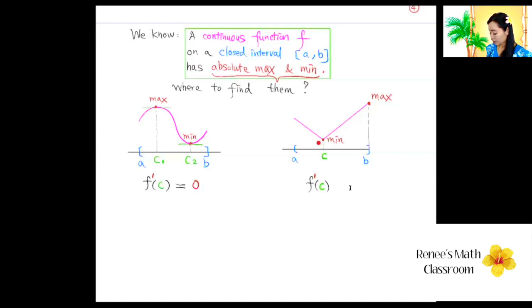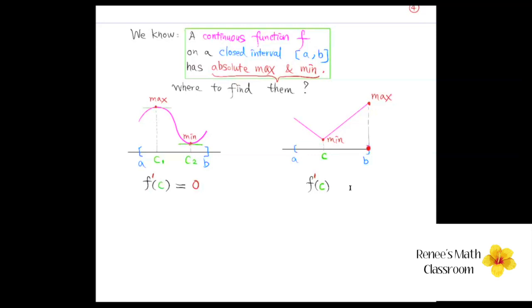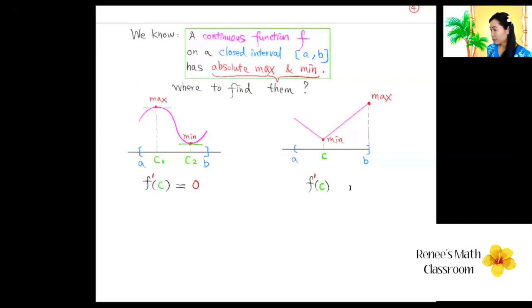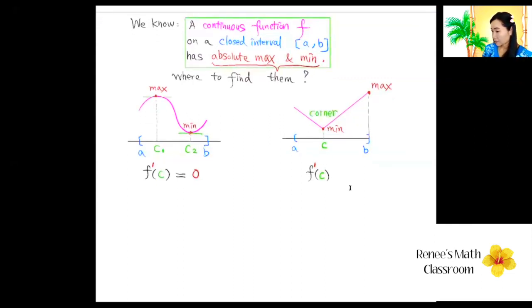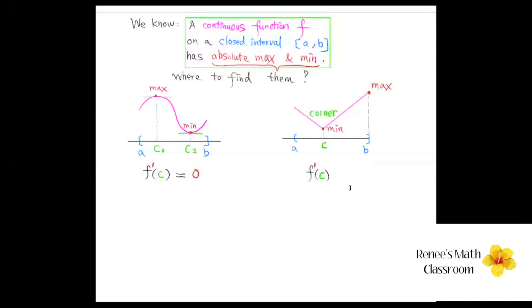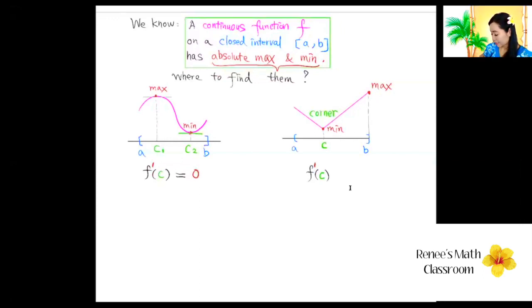Now, looking at this one over here, this function is continuous on this closed interval a to b, and you see the maximum over here and the absolute minimum over here. What's so special about this point? This one over here is a corner. Does that mean that it does not have a slope? Yes, you got it.